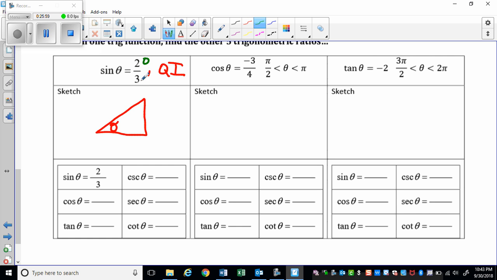Sine is the opposite over hypotenuse. So my opposite side is 2, and my hypotenuse is 3. And we really have to find this other side to figure out the other ones.